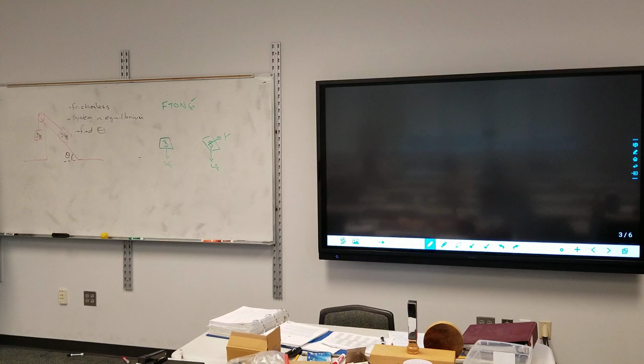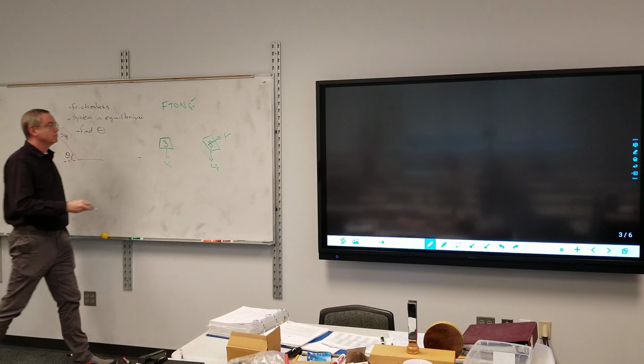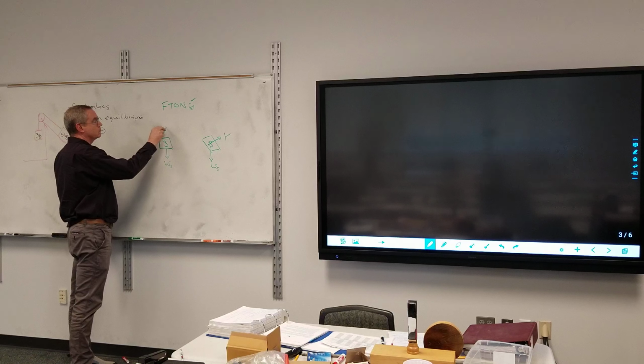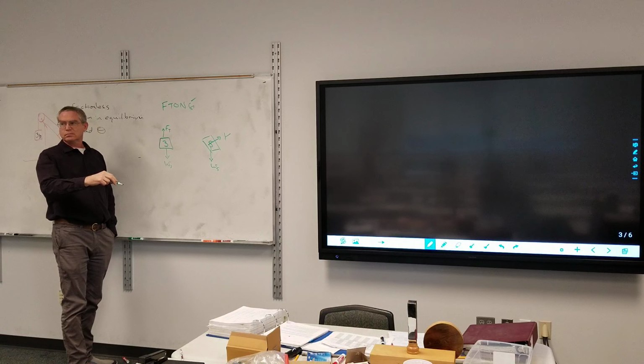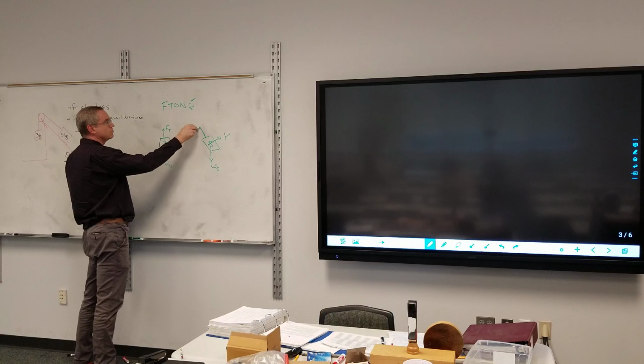Acting which way? Up on the 3 kilogram box and parallel with the ramp on the 5 kilogram.